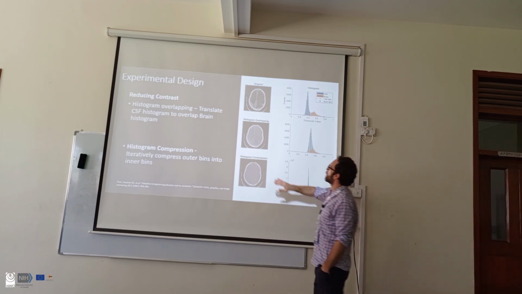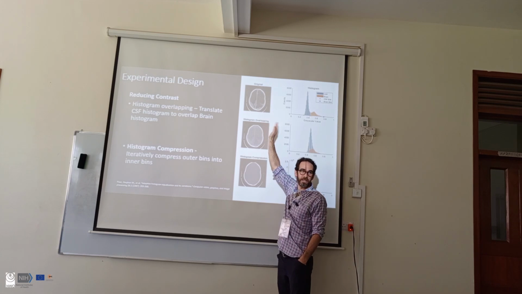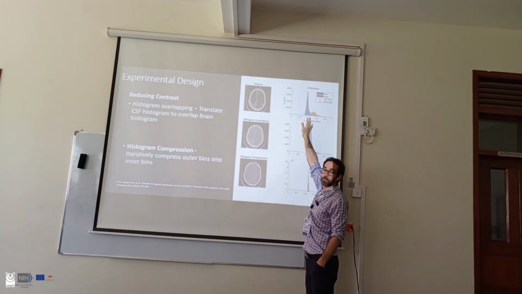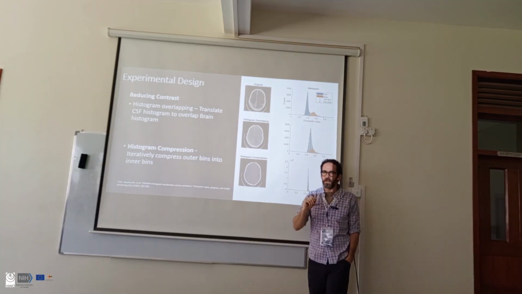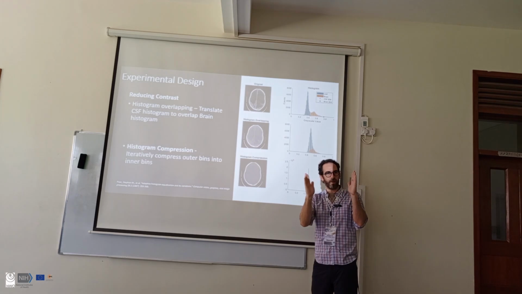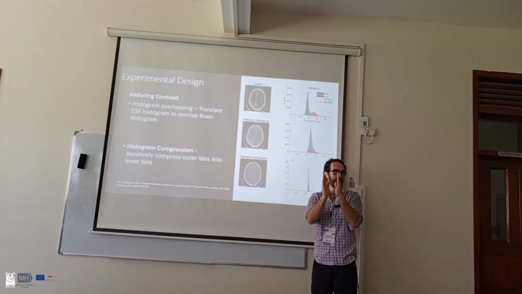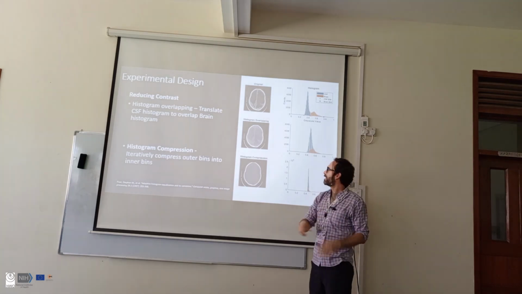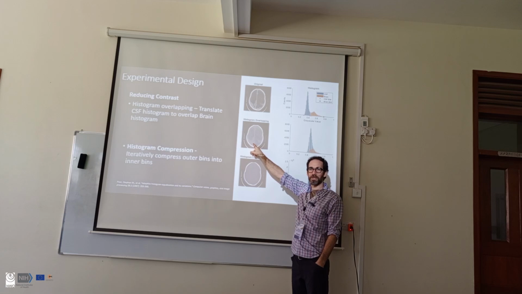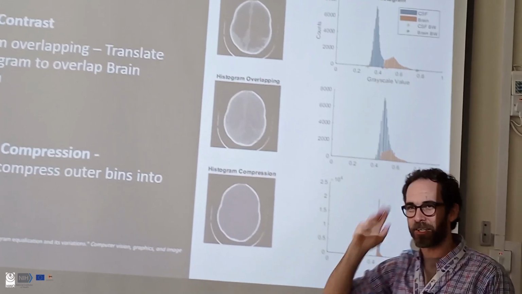So I had the added benefit of already having these segmented in the brain and CSF. So I pulled out the histogram gray values of the brain and the CSF, and I thought, well, I'll just start overlapping, right? I want to reduce the average grayscale value between brain and CSF. When you do that, you end up highlighting the boundaries between brain and CSF, and so it becomes almost easier to pick out the difference between the two. So that's not going to work.